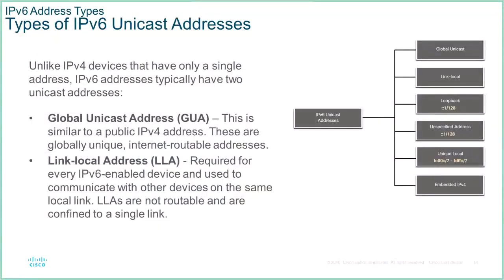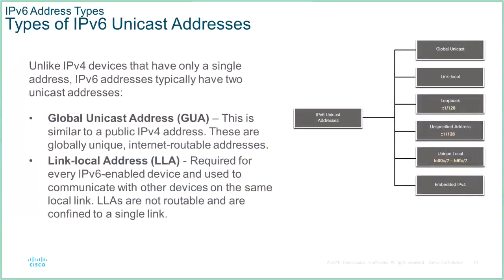So this is the one we logically assign to the interface, just like we would do with IPv4. The other one is the LinkLocal address, which is generated automatically by the interface and is not routable. It is confined to that link.